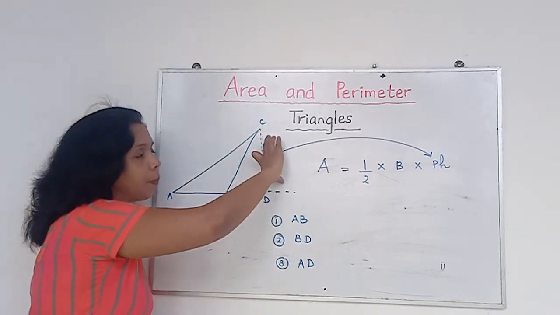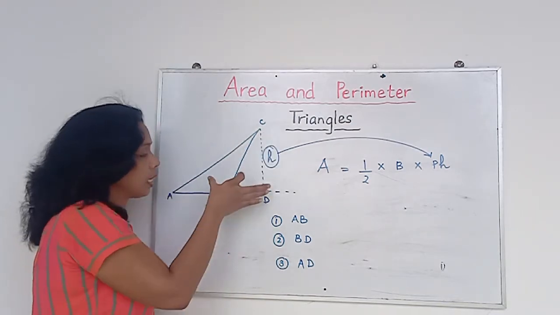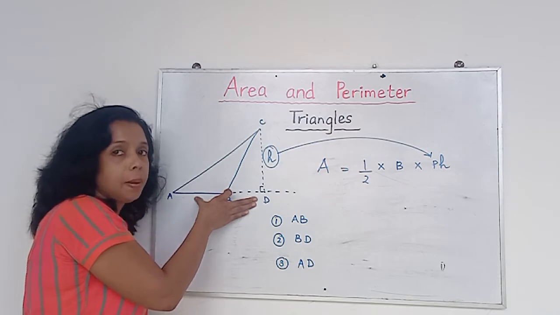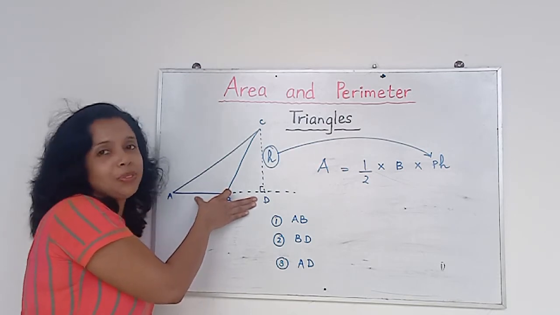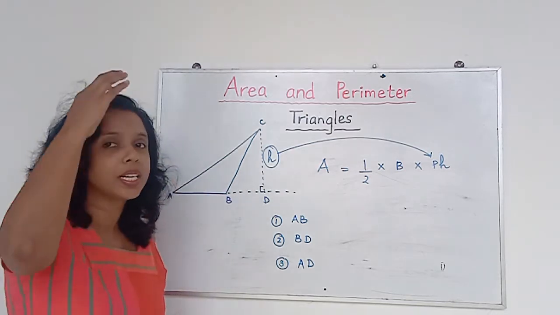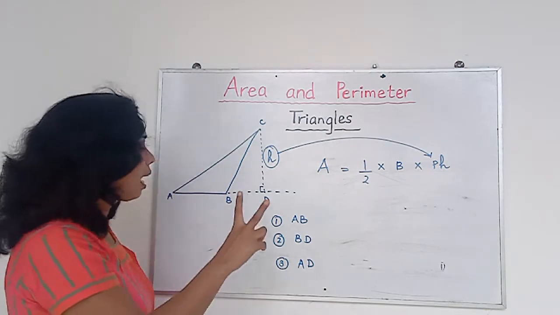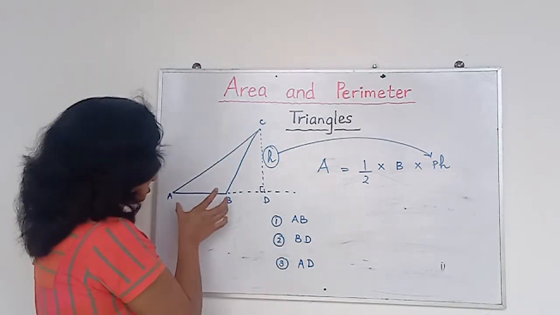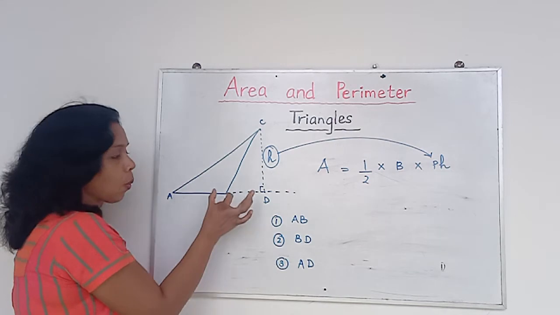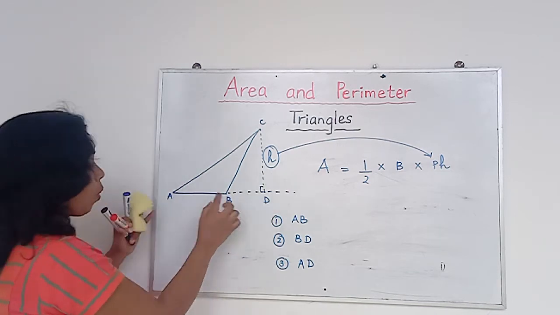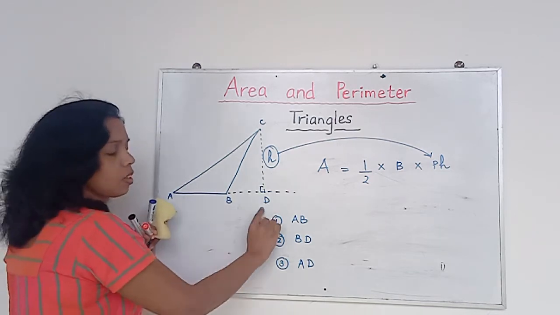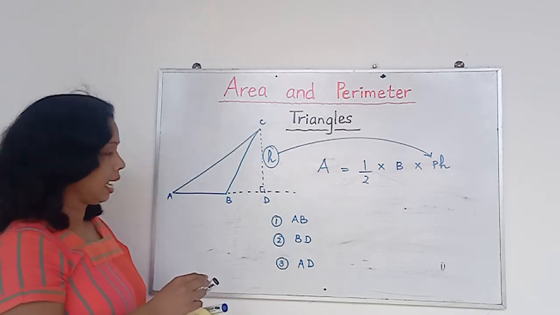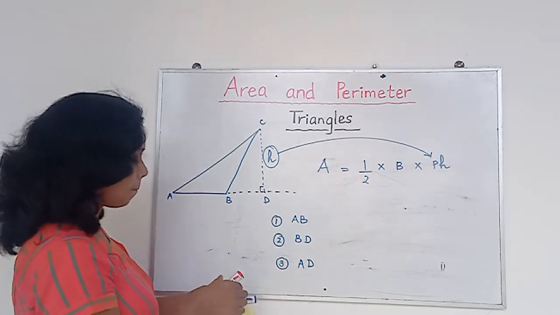So this perpendicular height has been drawn against this line, right? To calculate the area of this triangle, you want to select what is the base value. Now, I have given you three options, AB, BD, AD. Which one should I take?